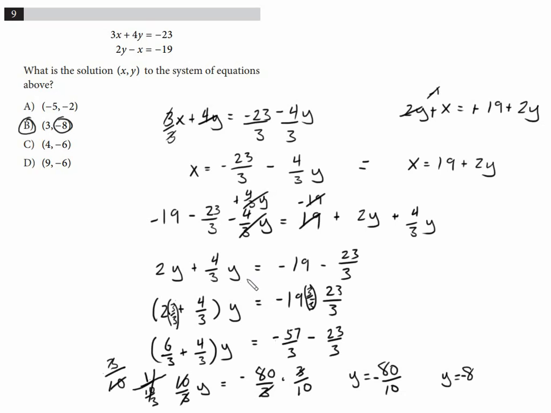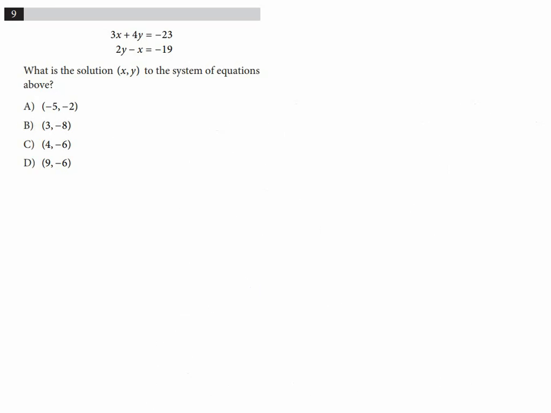But this took a lot of time, so let me try to show you a shortcut, and if it makes sense for you, then great. So getting a fresh start here. Looking at these available answers, you see that two of the options have the same value for the y coordinate. So I'm going to try to solve for x.